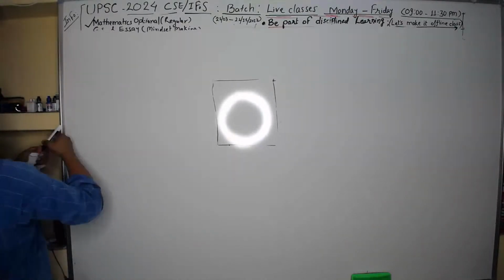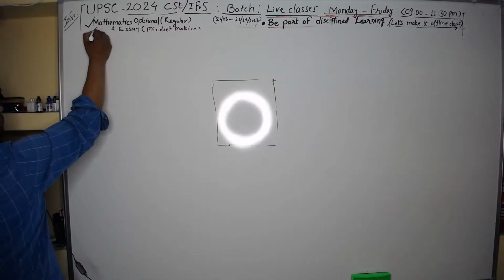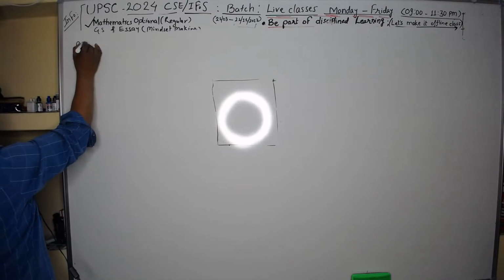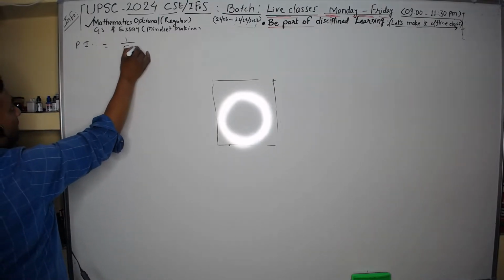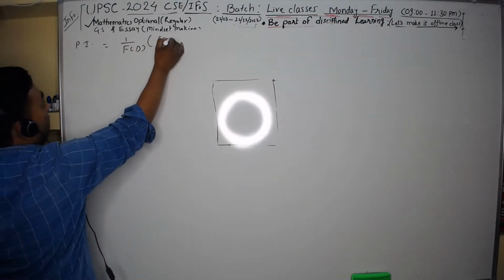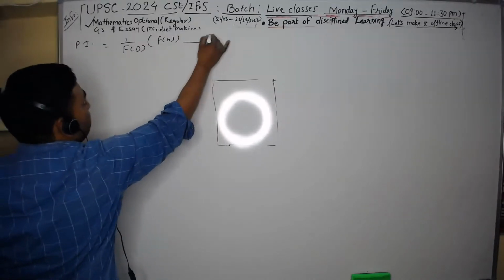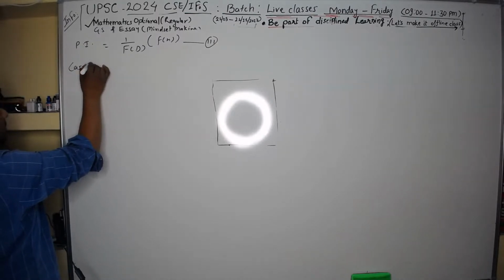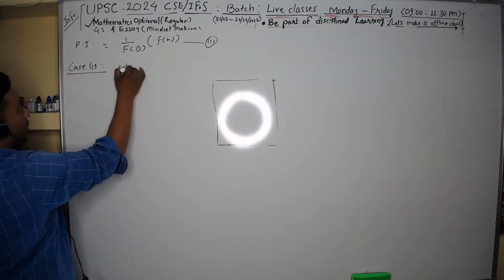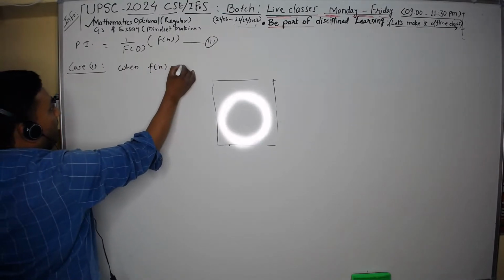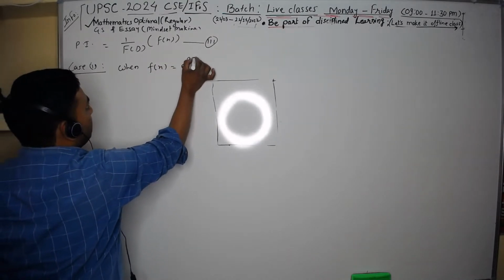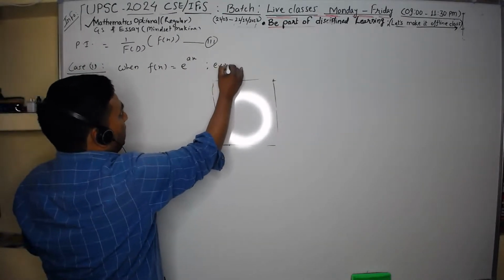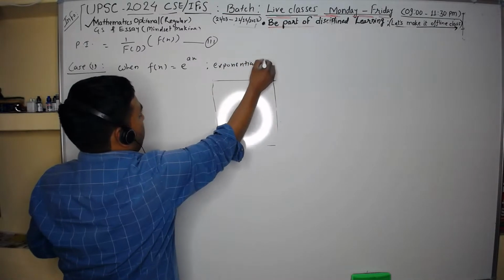So what is the particular integral? It is nothing but 1 upon f of D of f of x. This is your equation 3. Case 1: when f of x equals e raised to the power ax, the exponential function.